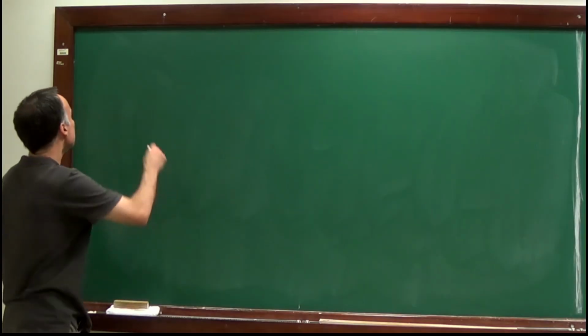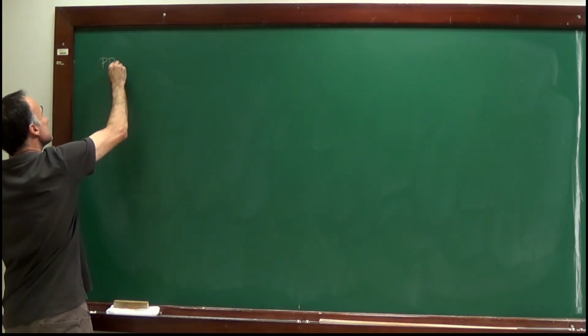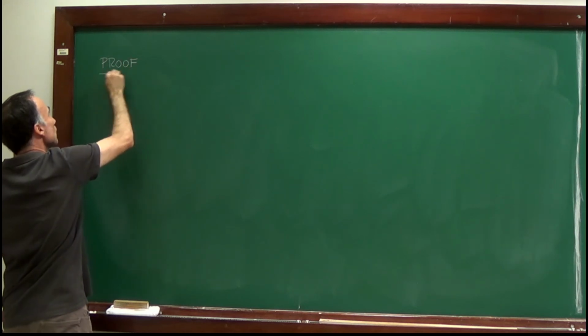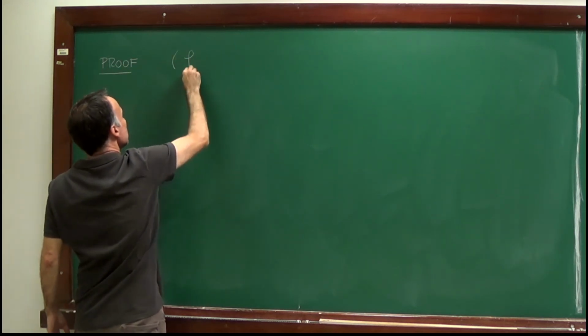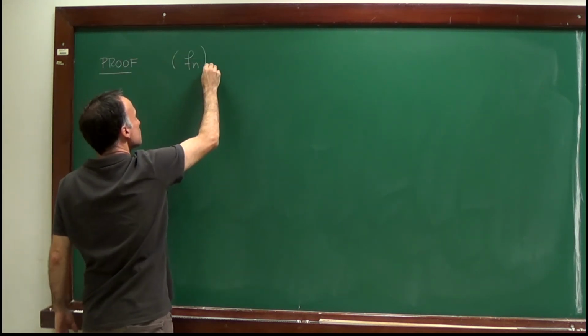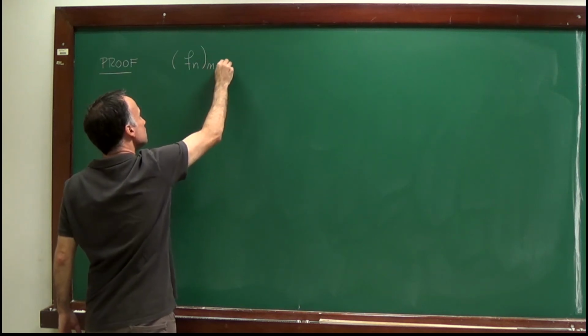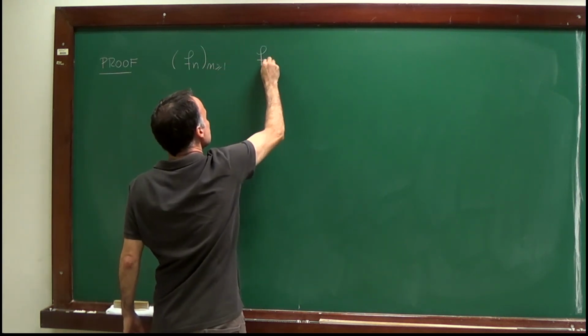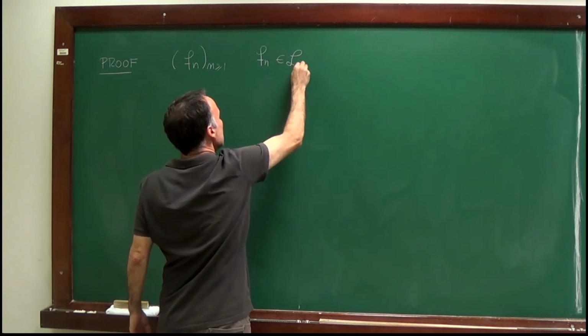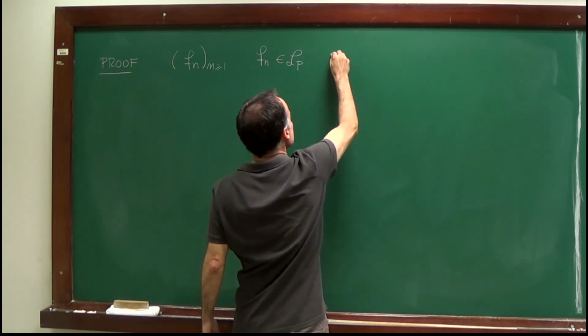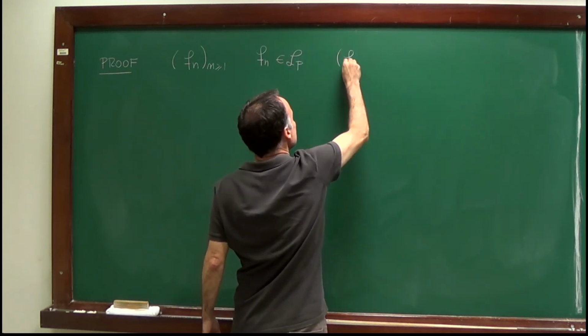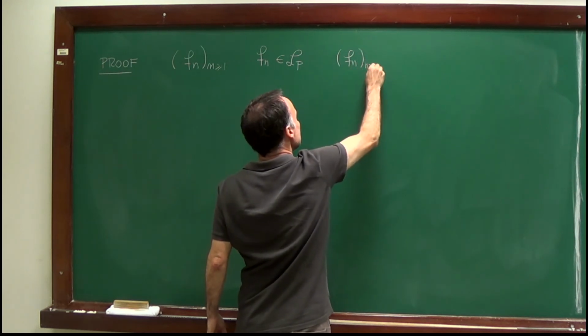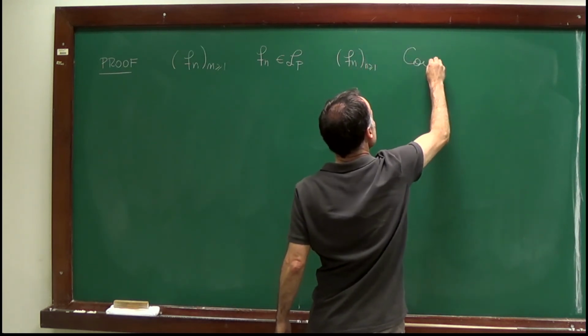So let's prove this theorem. Our assumption is that we have a sequence Fn of functions in LP and that this sequence is Cauchy in LP.